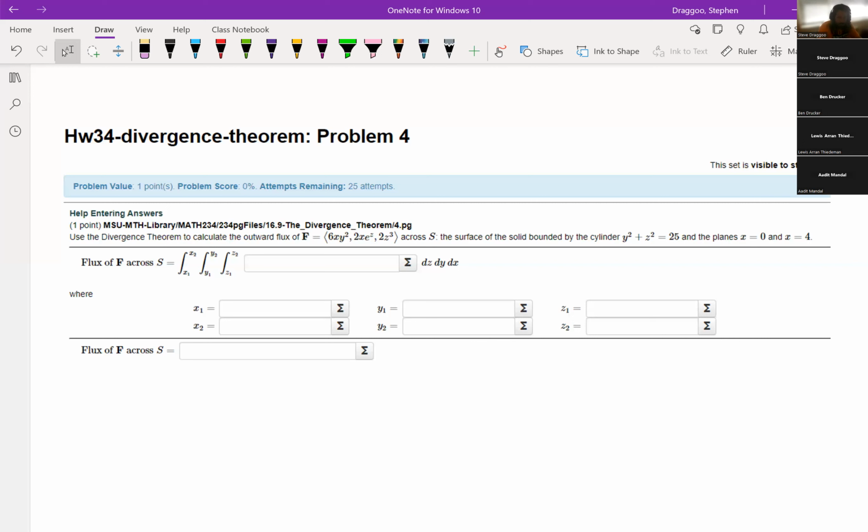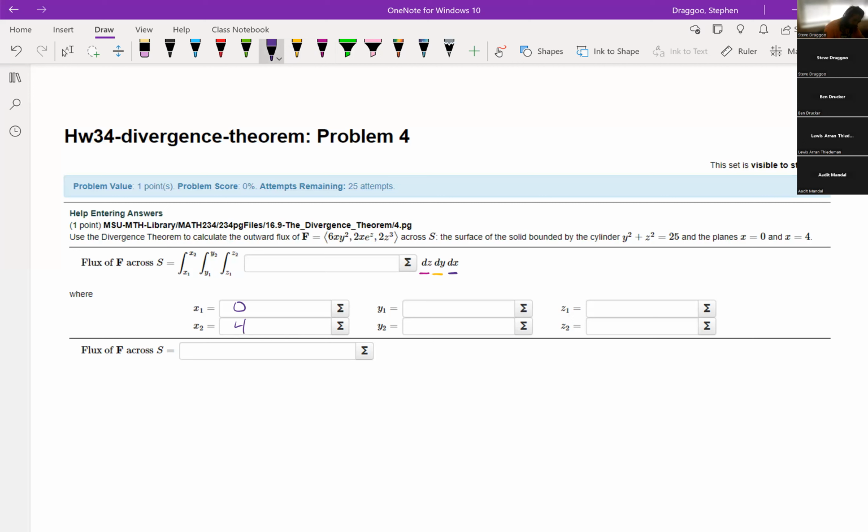So let's start trying to set some things up. X is going to go between 0 and 4. And then y and z, let's look at our order real quick. It tells us to do z first, and then y, and then x.